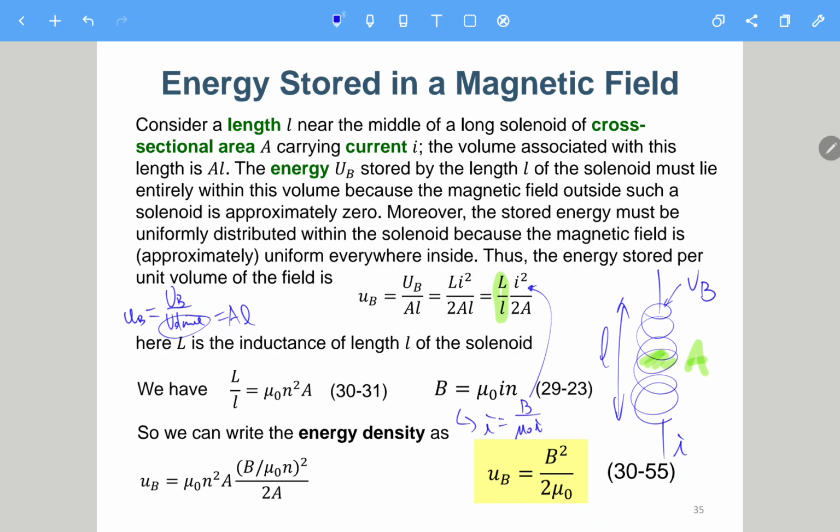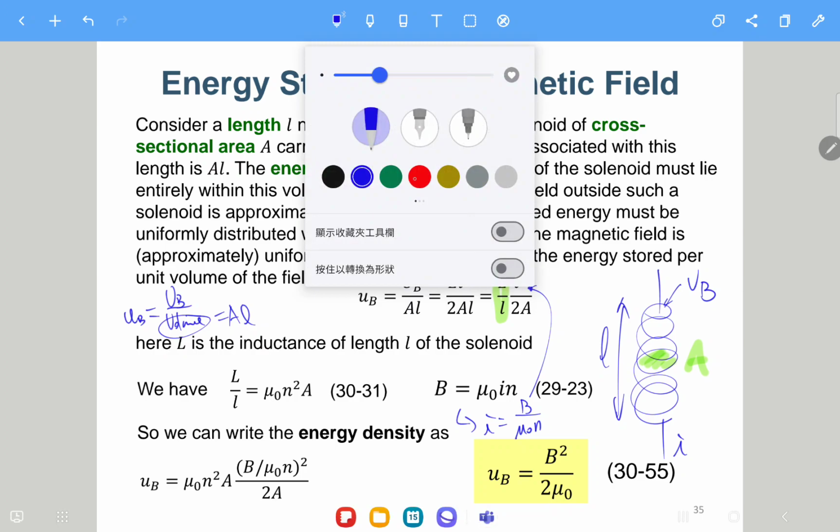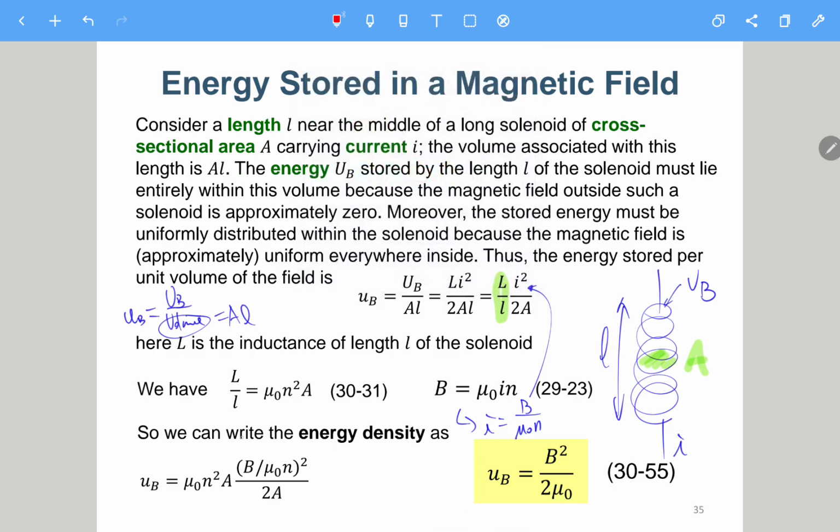Putting this here, we have B over mu0 n rather than I, and then the quantity squared over 2A. So we can do all the cancellation. This A and this A can be cancelled.